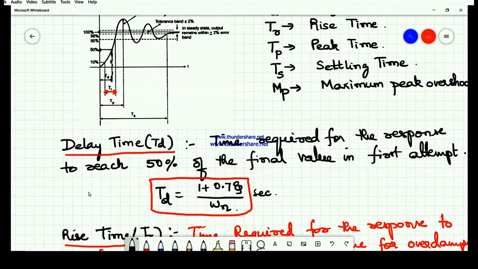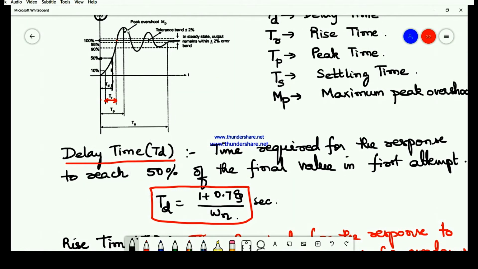If you observe the curve, you see the peak overshoot in the sinusoidal. That would always be the first peak, because the other sinusoidal peaks in the curve will always be smaller than the first peak.